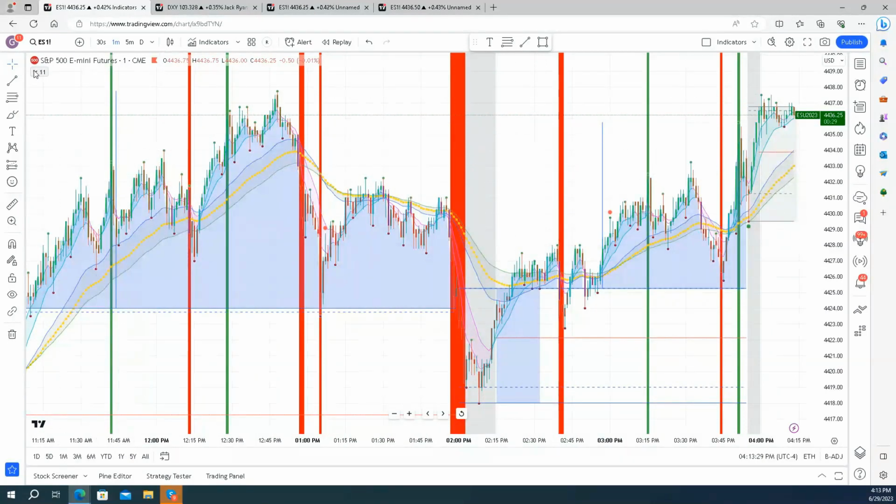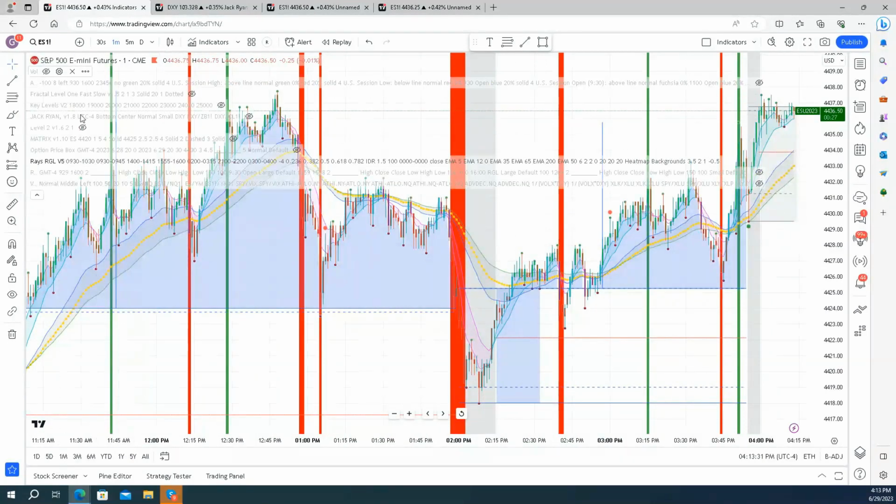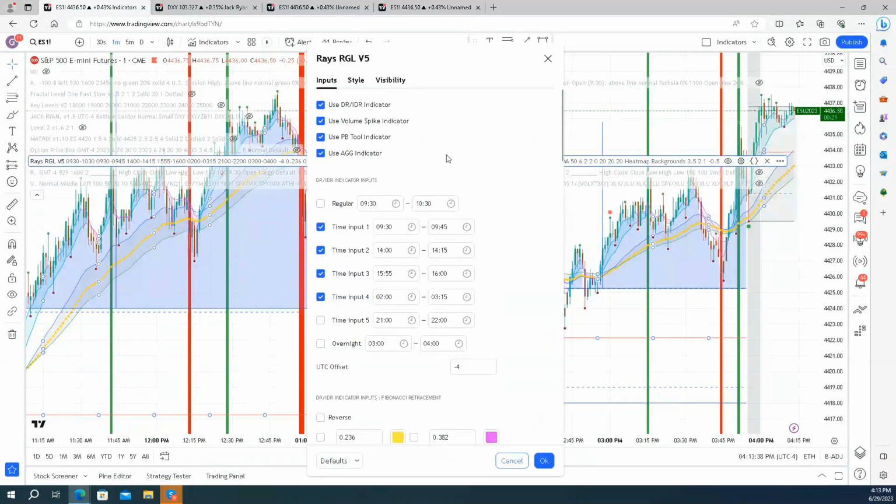Each indicator, remember, has a multitude of settings. You can change colors. Remember your UTC times have to be where you are, and your time input for your RGLs have to be where you are. So just make sure when you do download these things or they become available to you, you make sure that everything is appropriate for where you are.